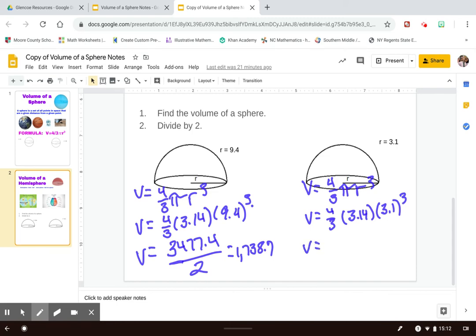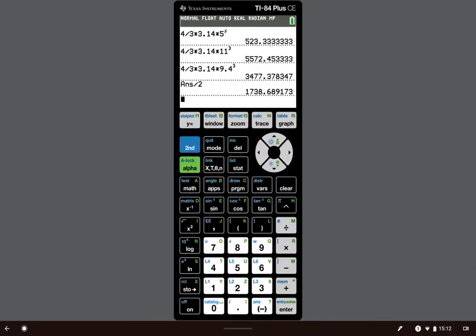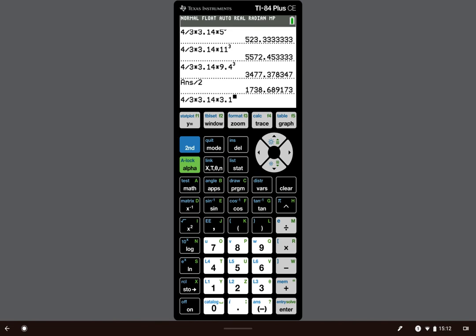So I come over to my calculator, same thing: 4/3 times 3.14 times 3.1 raised to the third power.